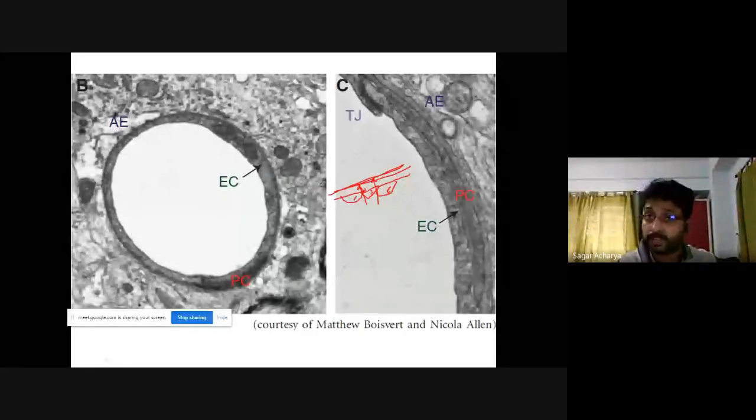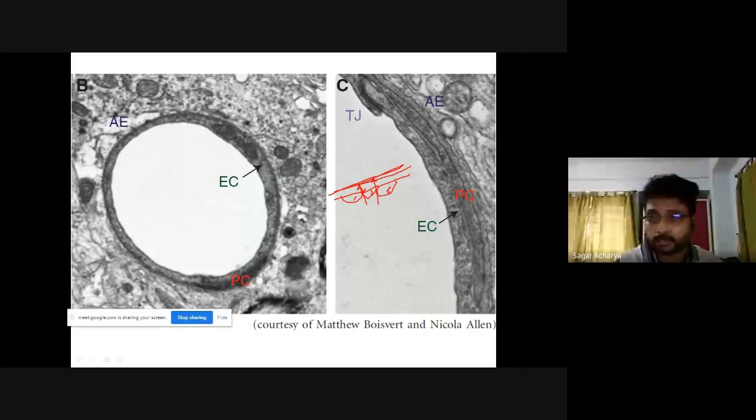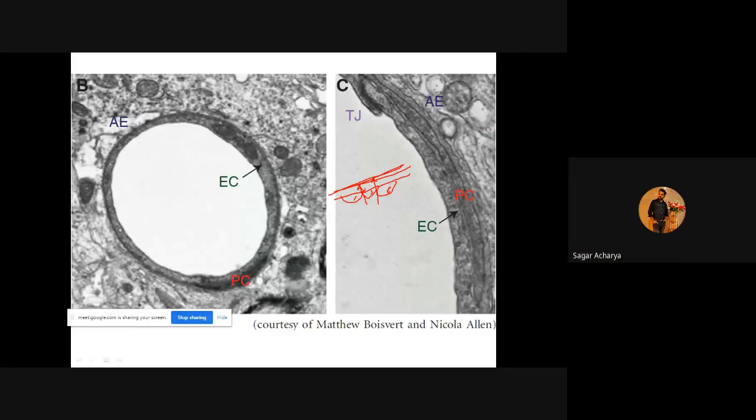Next is the continuous fenestrated capillaries that we find in the endocrine glands and the intestinal villi. And another one is totally different, called discontinuous capillaries, that we find in the liver. In that we find sinusoids, blood filled, with major gaps within the endothelial cells.